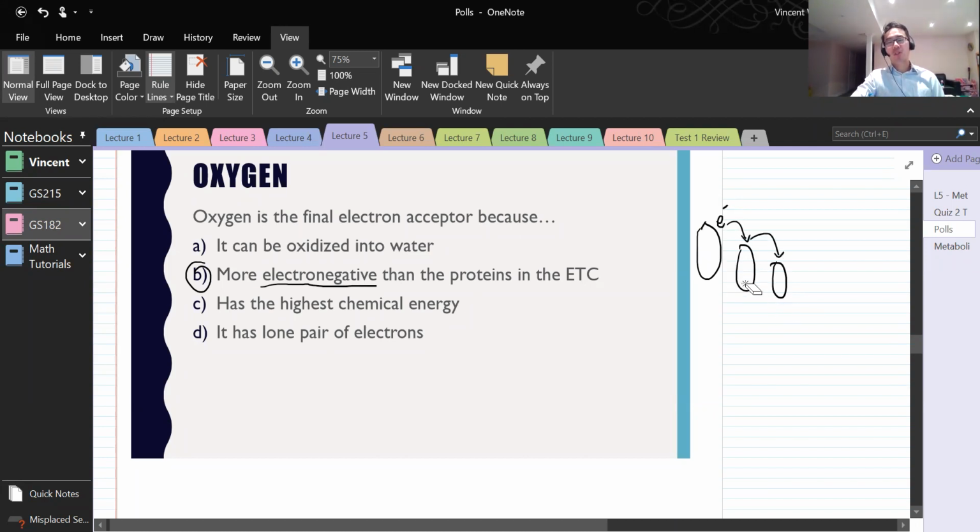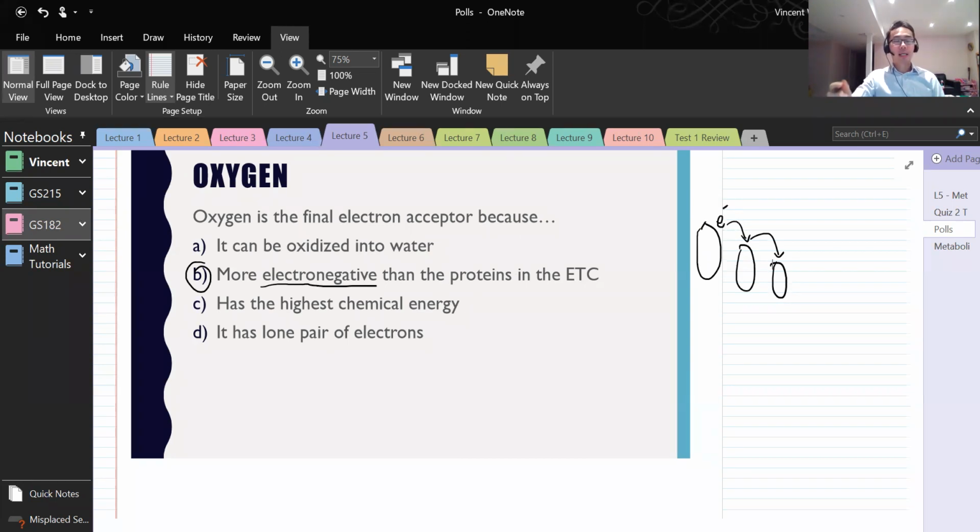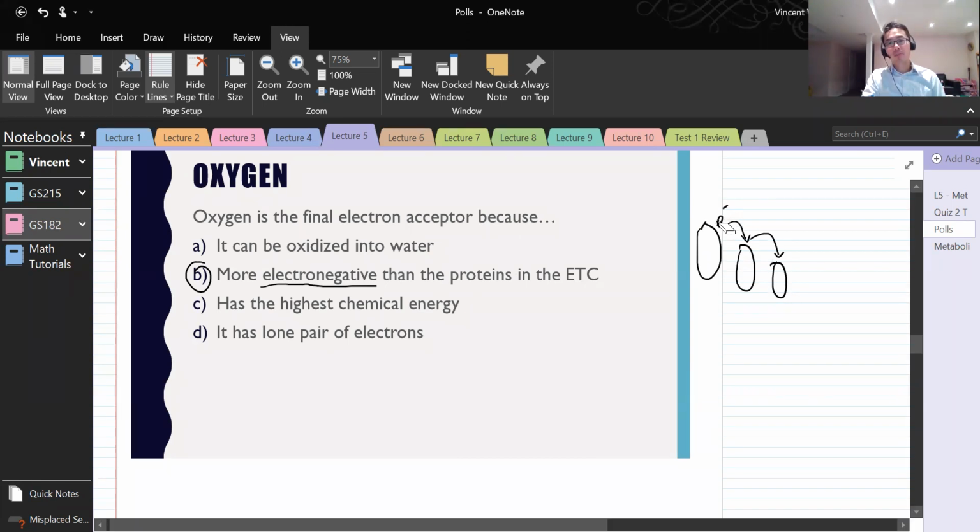If this concept is a little abstract, you can think about a magnet. You have a little metal ball, and in order for the ball to move on, the next magnet has to be stronger than the previous one. When you get to the last one, oxygen would be the strongest magnet to pull off that electron. This is the one with the highest electronegativity.